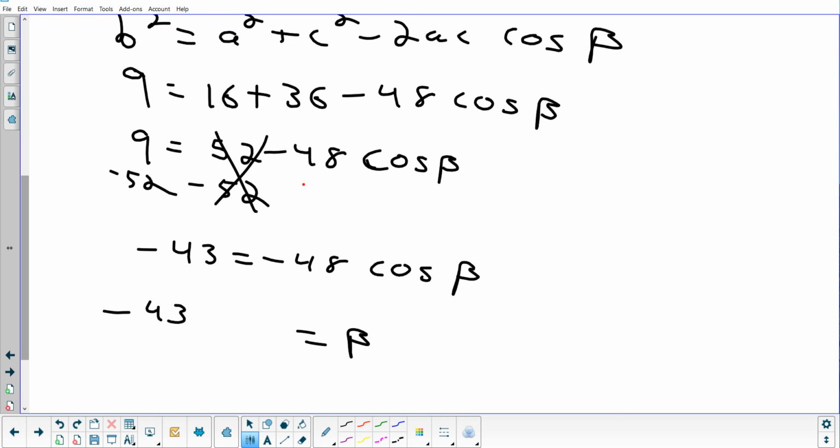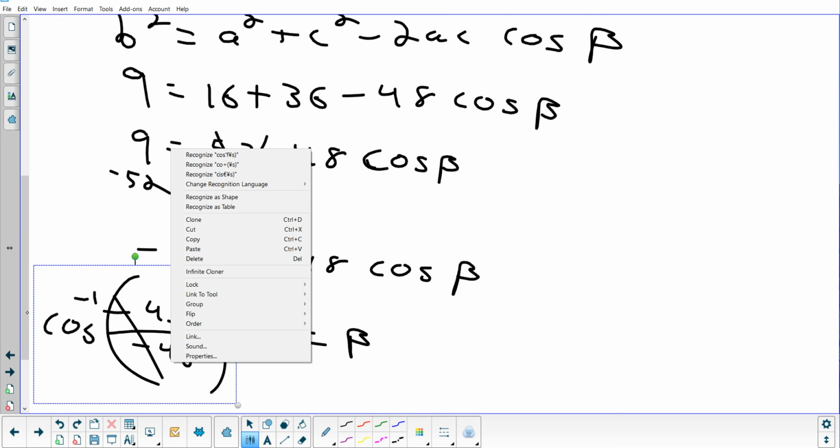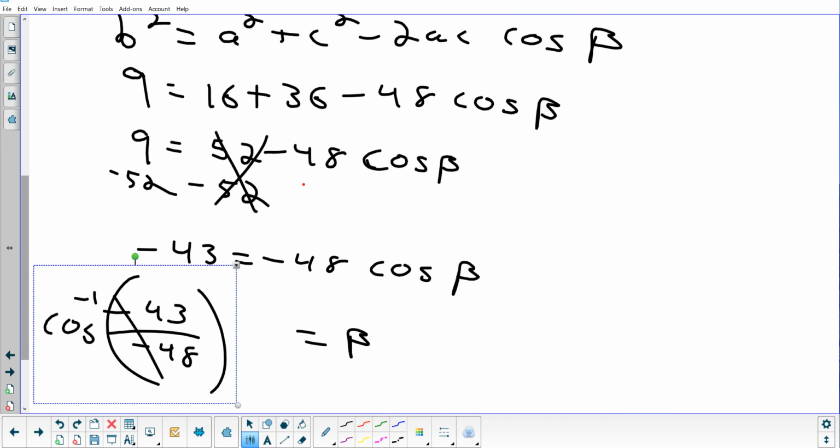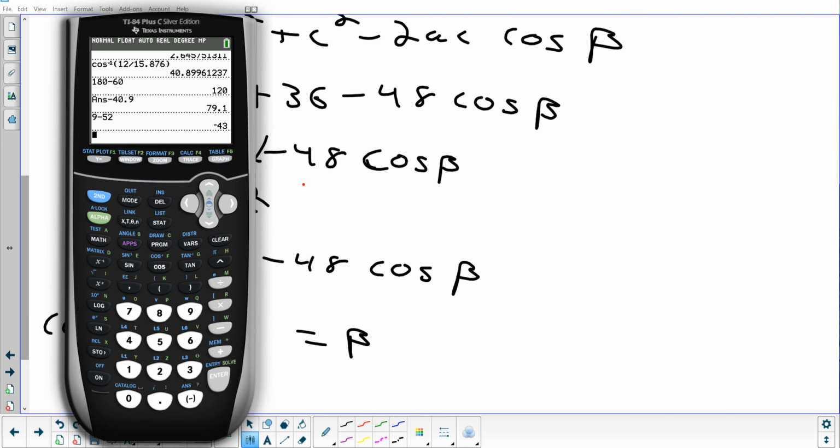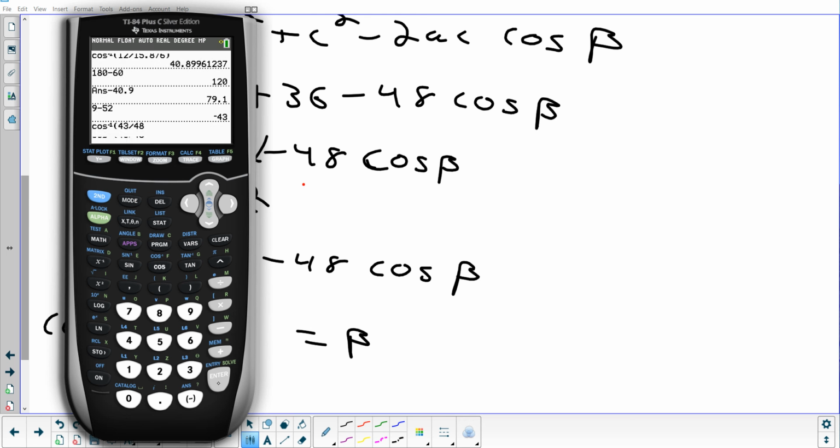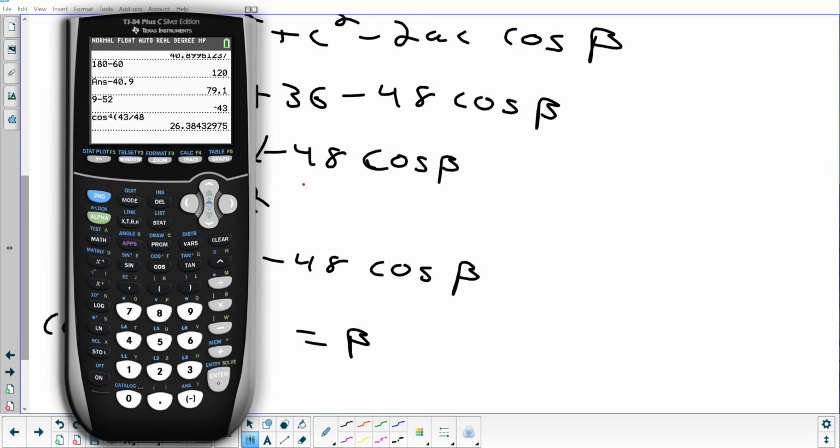Divide by negative 48. Okay. Take the inverse cosine. And take the inverse cosine. I'll cancel those negatives. Bigger number is in the bottom. It always should be. Perfect. Think of the bigger number as heavier. If something's heavier, it'll sink to the bottom. So bigger number always goes in the bottom. Okay, inverse cosine of 43 over 48. That gives you 26.384.